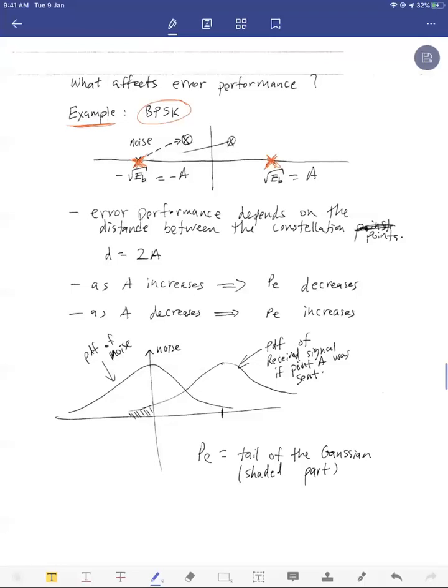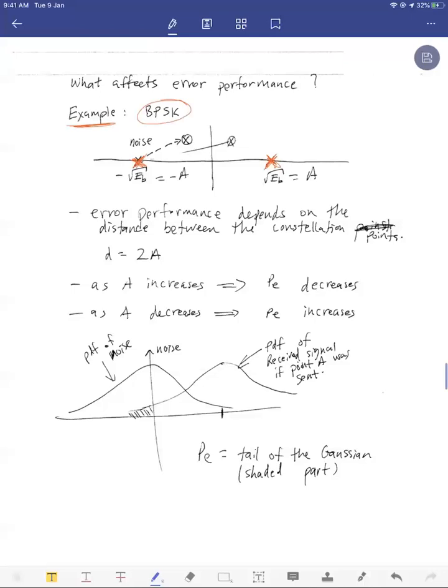So in this case, it's a random vector in two-dimensional space. Even though BPSK is a one-dimensional constellation, I told you that at a given frequency, there are actually 2 orthogonal dimensions. So actually your noise can be in both dimensions.